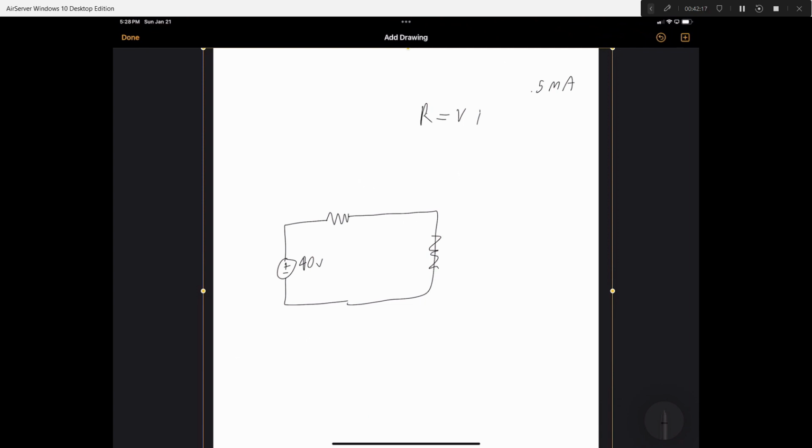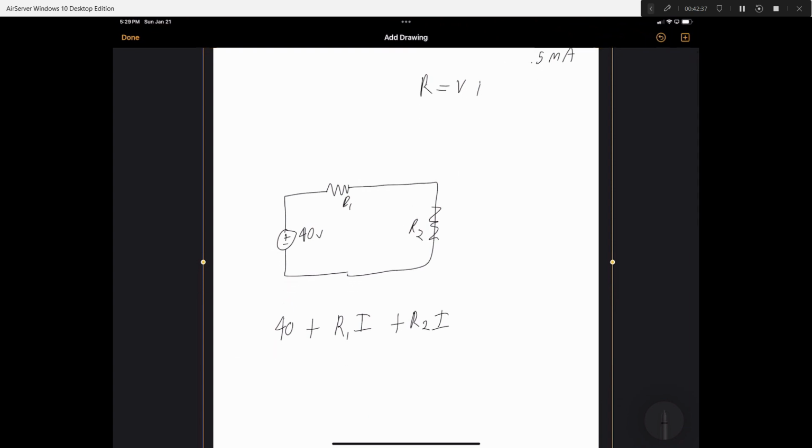We have 40 V, Kirchhoff's voltage law, 40 volts plus, we'll name this R1, R2, R1 times this current plus R2 times some current. We know R1 and R2, which is 800 ohms. What is the current now, since we have two resistors?